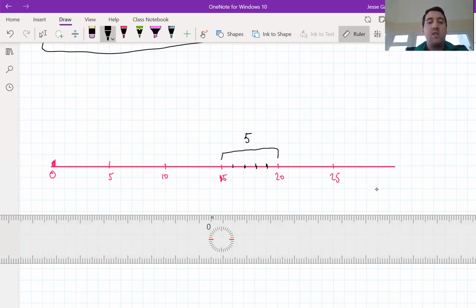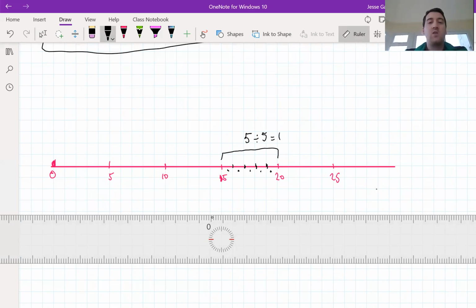So how many spaces has this part of the line been divided into? Well, here you can see there's 1 space, 2 spaces, 3 spaces, 4 spaces, and 5 spaces. So this gap here was worth 5 units from 15 to 20, and there are 5 little squares. So 5 divided by 5, because there are 5 squares, equals 1.